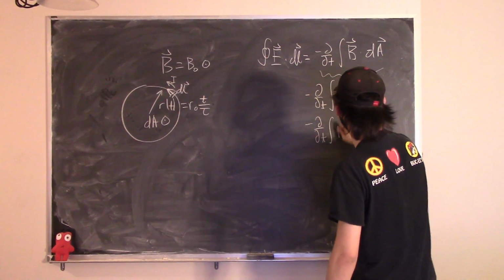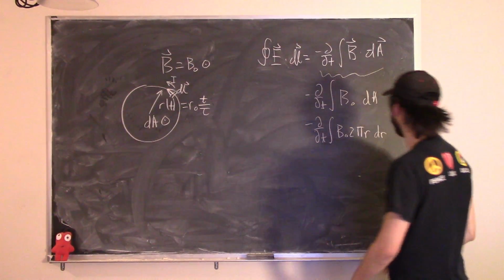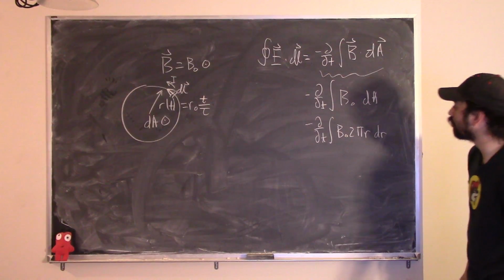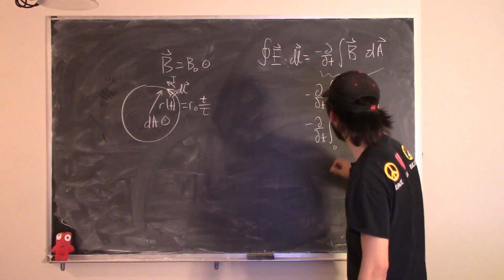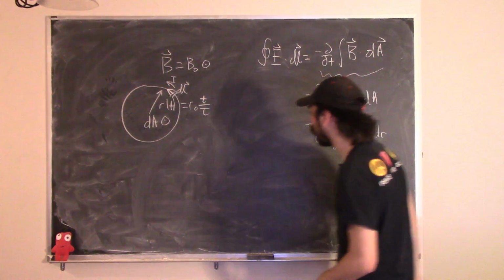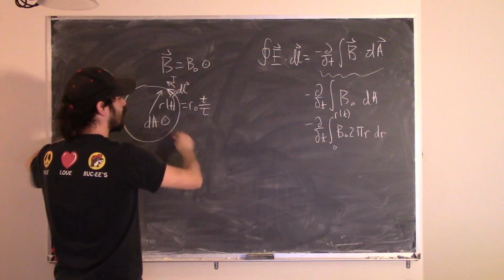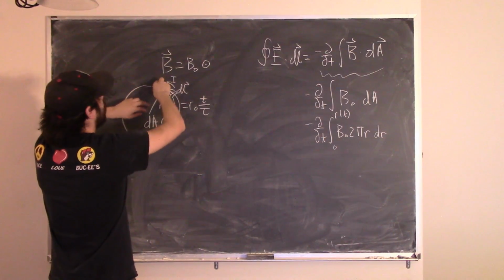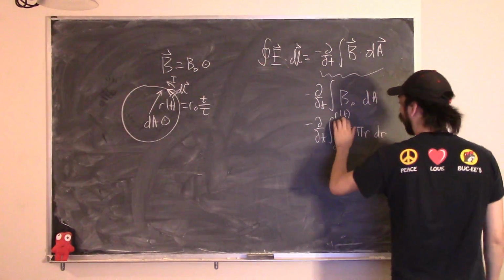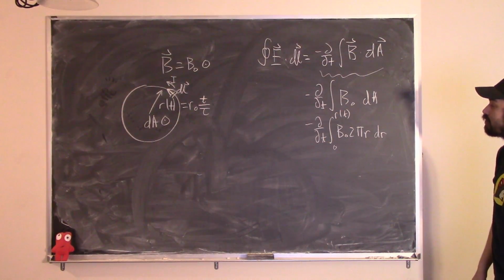So this is the integral of B0 2 pi r dr. Then plug in our limits of integration. The lower bound is going to be 0, and the upper bound is going to be r as a function of time. At every time step you have a different radius, and we want to add up to that radius. That radius changes with time, and that's why our upper limit is r as a function of time.